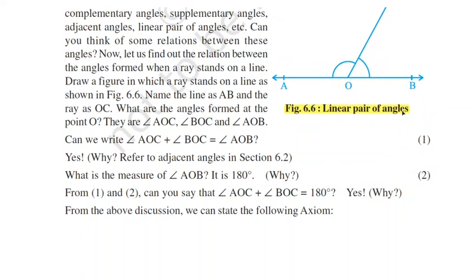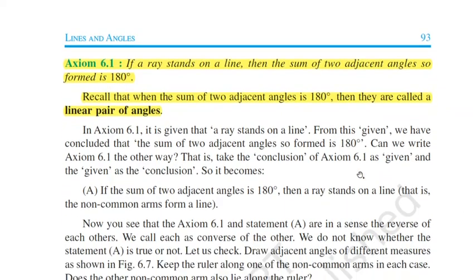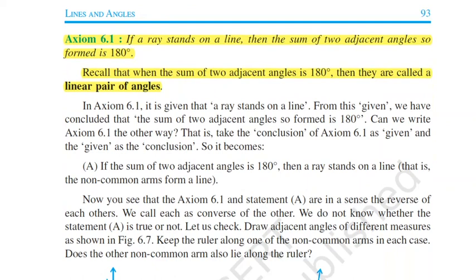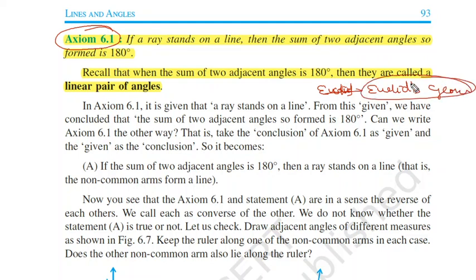So now we'll move to the axiom. I think you don't know the word axiom, because it was in the previous chapter, Euclid's geometry, which has been deleted from your syllabus by CBSE for this year.